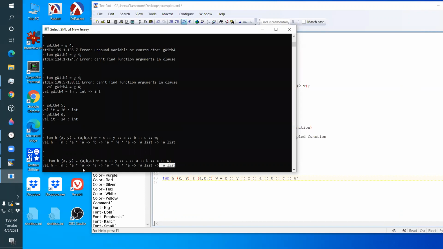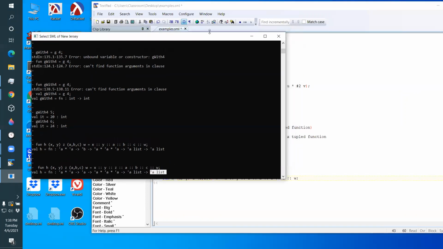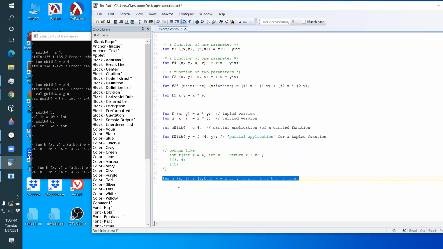So this is currying. A pair, an item, a triple, a list, and then the output. So 4 inputs. Let me do a slight variation on that.